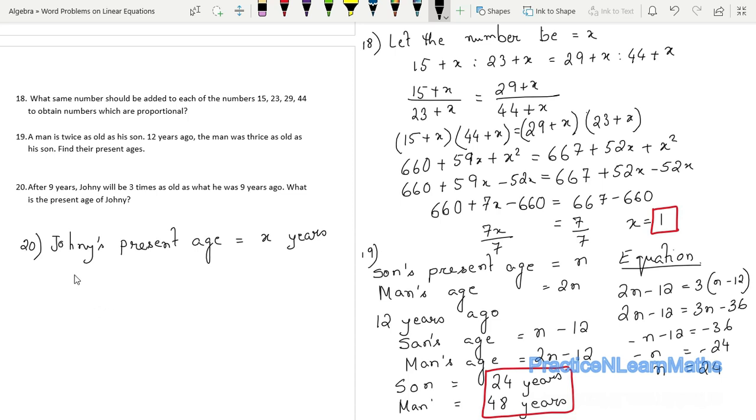The equation we are getting is x plus 9 is 3 times as old as what he was 9 years ago.